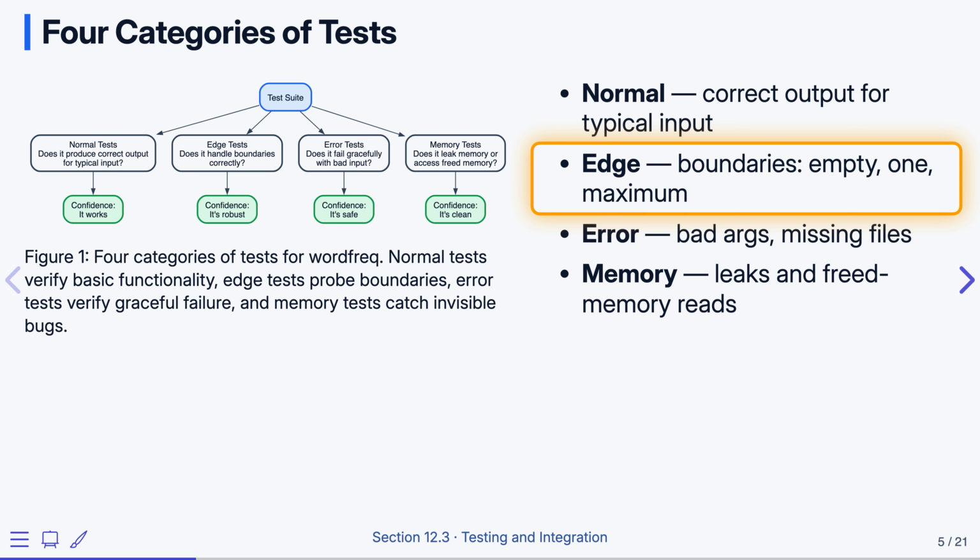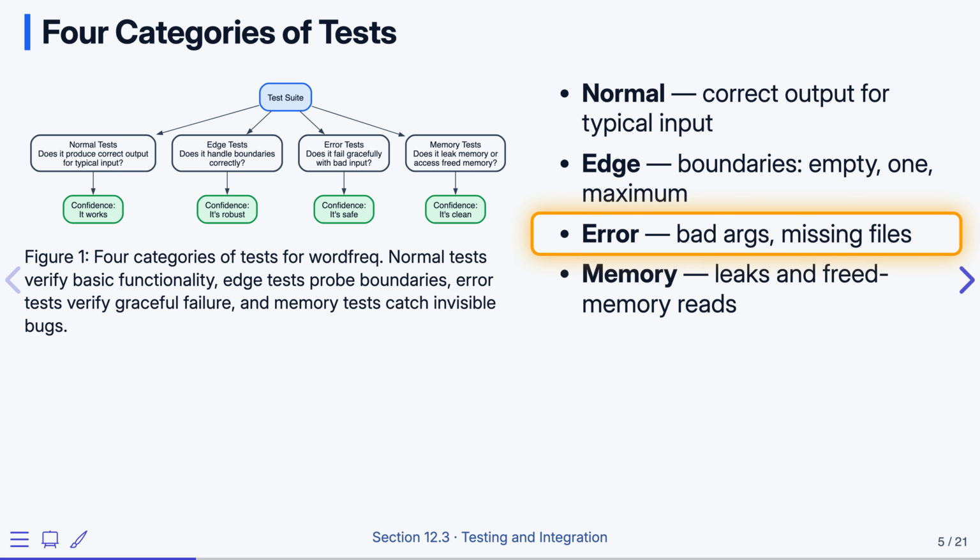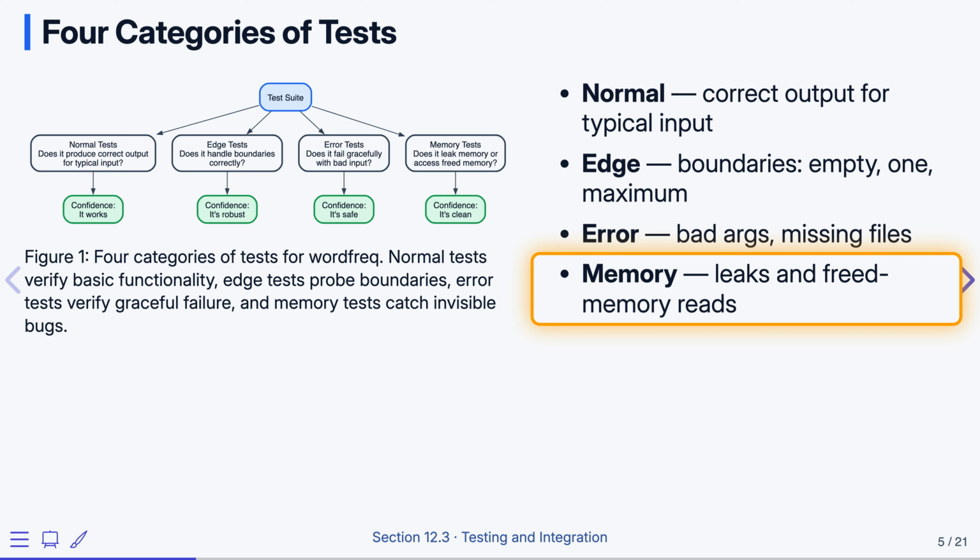They tell you it is robust. Third, error tests. They verify graceful failure with bad arguments and missing files. They tell you it is safe. And fourth, memory tests. They catch invisible bugs like leaks and use after free. Only Valgrind reveals these. They tell you it is clean. A program that passes all 4 is production ready.